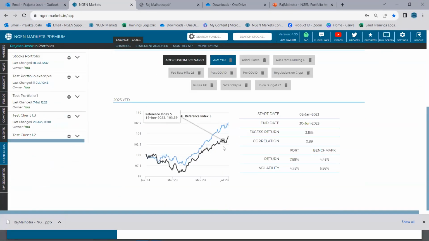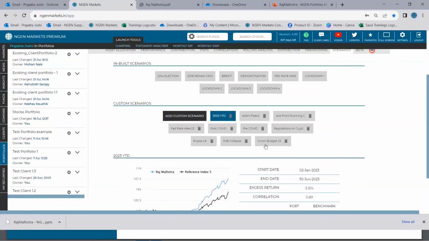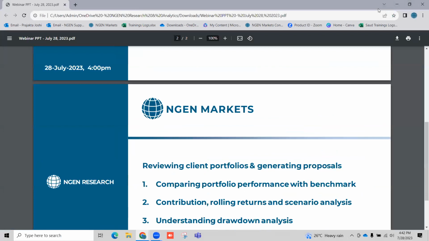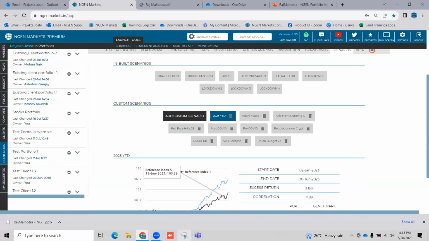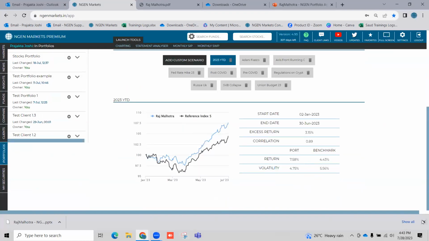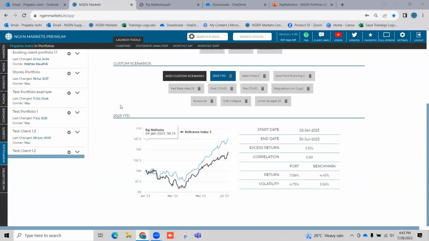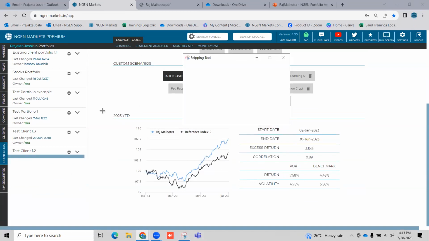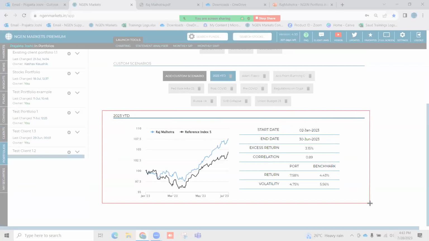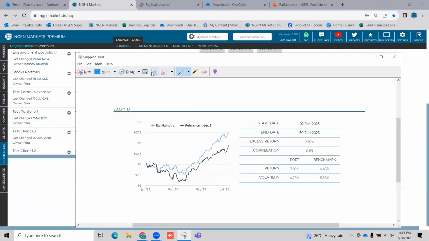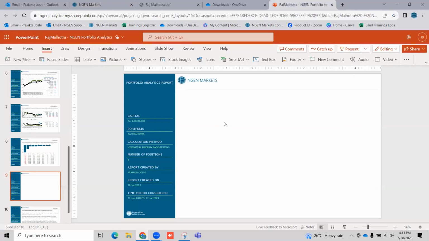Just introduce this particular snapshot there. Okay, there's a snip. Let's say you want to highlight this particular scenario, take a snip of it and go back to the portfolio PPT, just paste it here and your job is done.